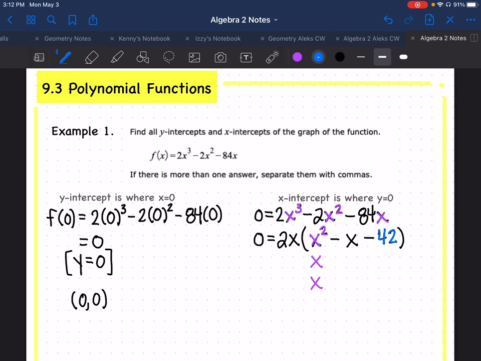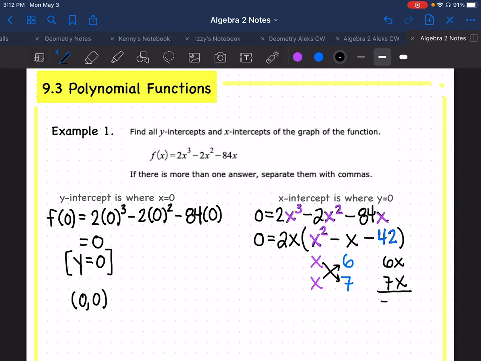6 times 7. Now, I'm going to guess that it's going to be 6 times 7, because I think I can make 6 and 7 become the negative 1 that's here in the center. So we're going to crisscross multiply. x times 6 is 6x, and x times 7 is 7x.